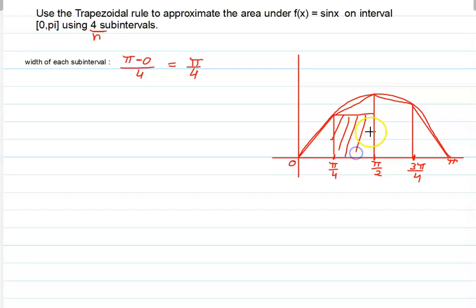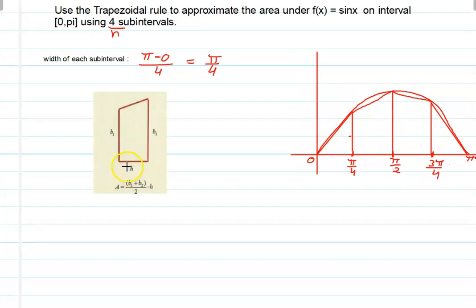For example, for this part, if we use the left end point, then this rectangle will give us an underestimate, or if we use the right end point, then the rectangle would be like this and this will give us an overestimate. So using the left or right Riemann sum gives us either the lower estimation or the overestimation, which is not very close to the actual area. But the trapezoidal rule is going to give us a better approximation than the Riemann sum.